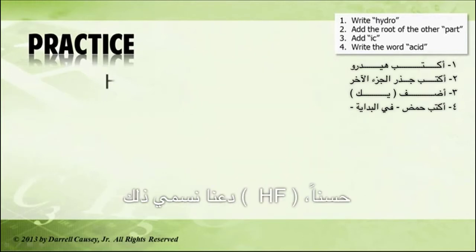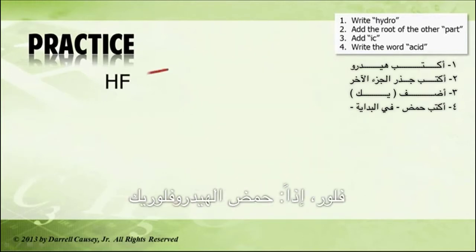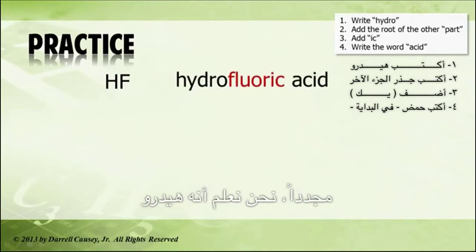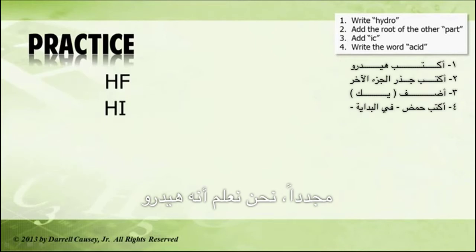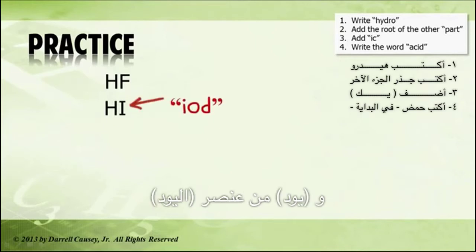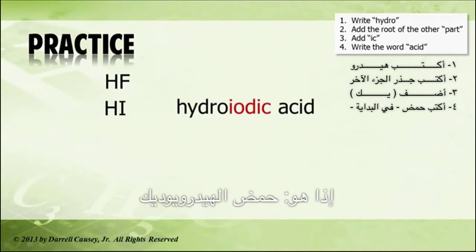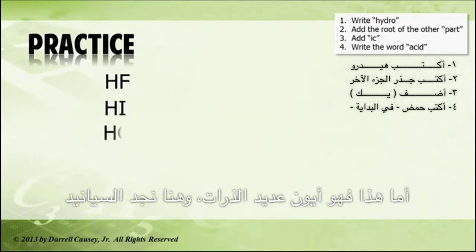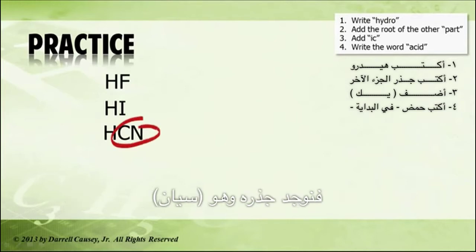All right, HF. Let's name that. Fluor, hydrofluoric acid. Again, we know it's going to be hydro, and iod for iodine, hydroiodic acid. Pretty simple, isn't it? Now, this one is a polyatomic ion, cyanide. And so we look up its root, and it would be cyan.